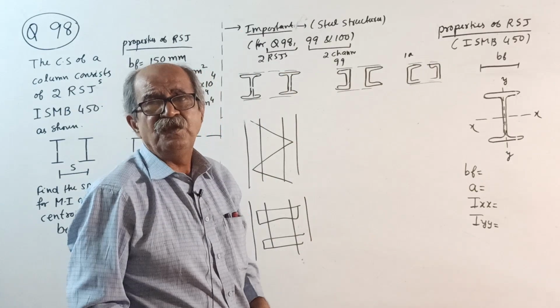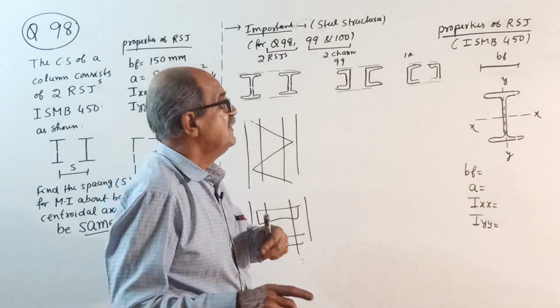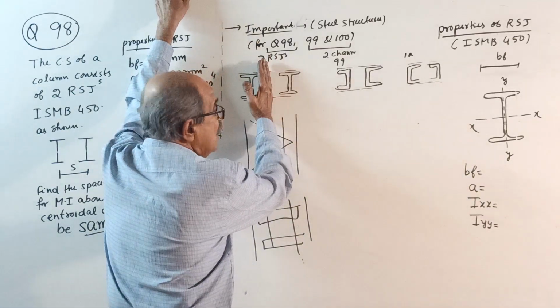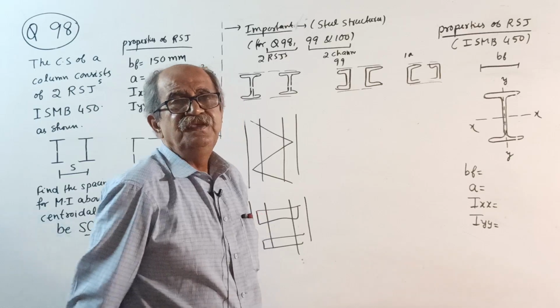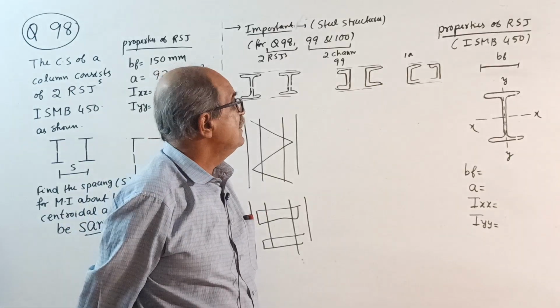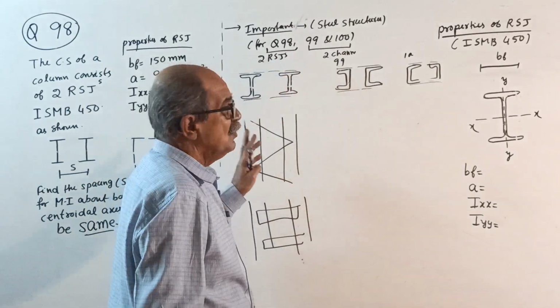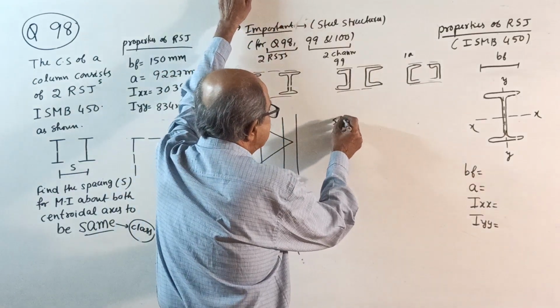In the IS code they mentioned that in such cases, I about this YY axis should not be less than I about XX. What is the reason you study in steel structures? At that time, a term called slenderness ratio will come.